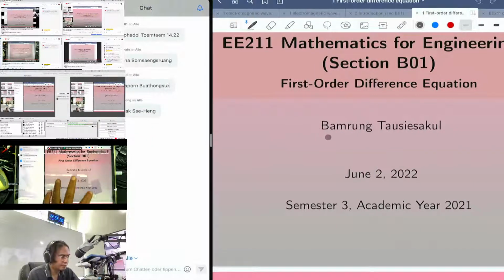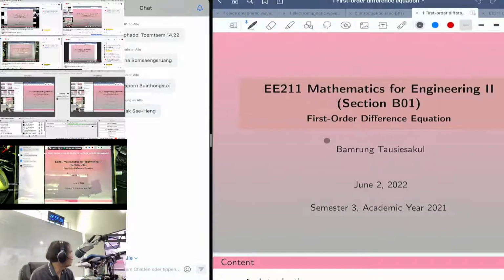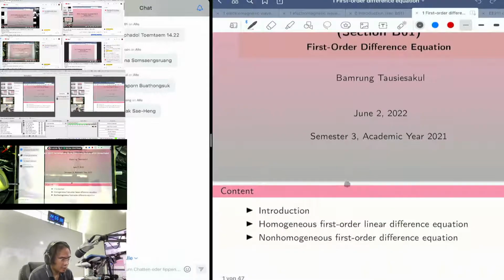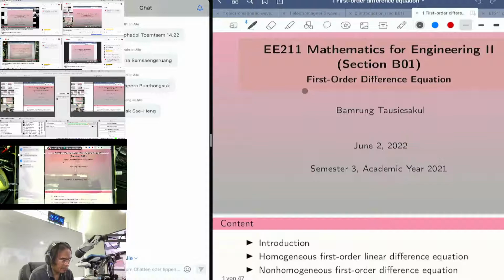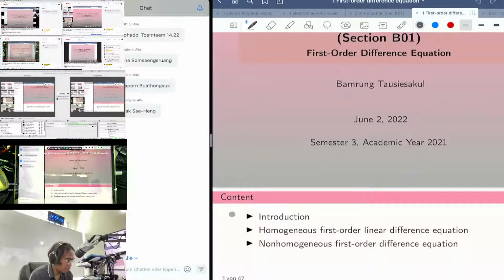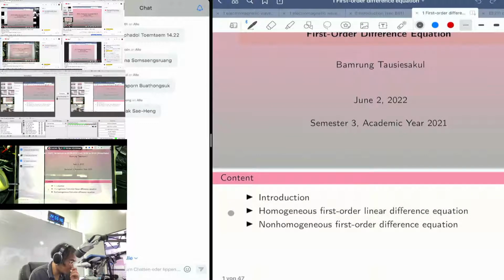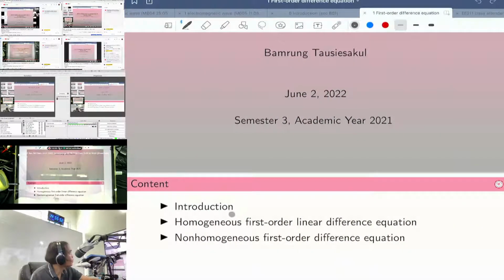Okay. The detail for us here is this one. Mathematics for engineering 2. The first chapter is first order difference equation, and the content in this chapter will be the following. We will consider the introduction. What is going on in this chapter.